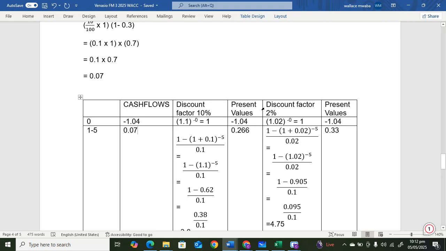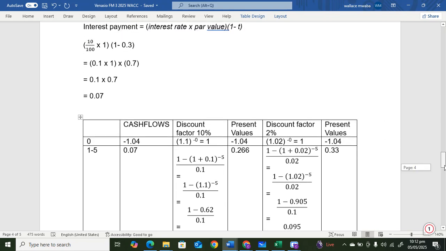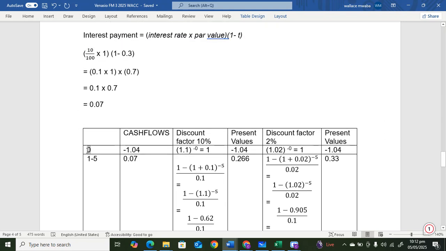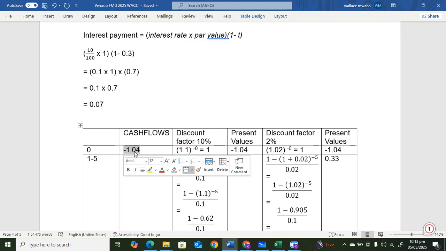So the way these debts operate, colleagues, is this. In year 0, which represents the first day of year 1, you buy this debenture for 1.04 kwacha. That's why it's written as negative 1.04, negative to represent that you've paid out money.